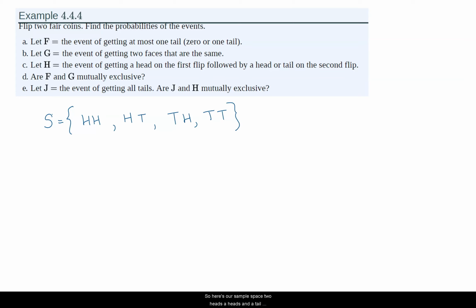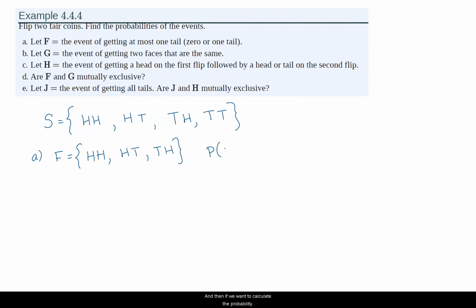So here's our sample space: 2 heads, a head then a tail, a tail then a head, or 2 tails. And for part A, we want the event F to be getting at most 1 tail. So 0 tails or 1 tail. And looking at our sample space, 0 tails is the first outcome, heads, heads. 1 tail are the next 2: tails for the second flip, or for the second coin, and tails for the first coin.